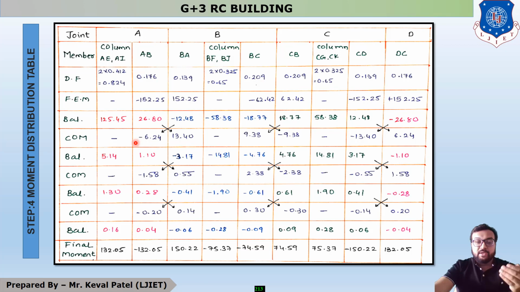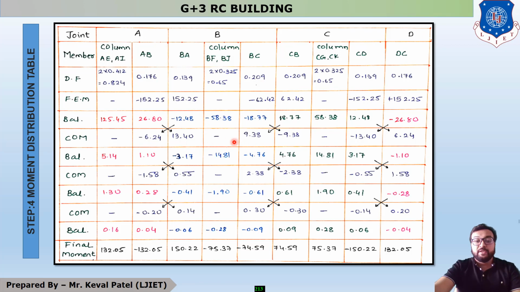It means now you have to balance your moment only minus 6.24 as plus 6.24. So plus 6.24 into this, so you will get your answer 5.14, and plus 6.24 into this, so you will get answer 1.10. Similarly, at junction B, it is 13.40, 0 and 9.38.